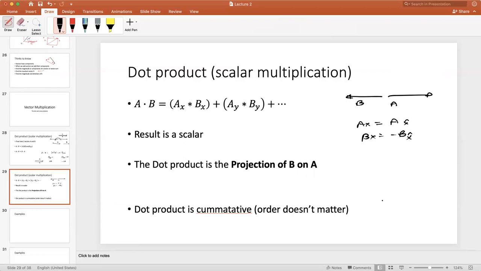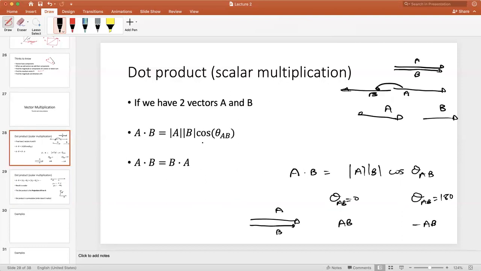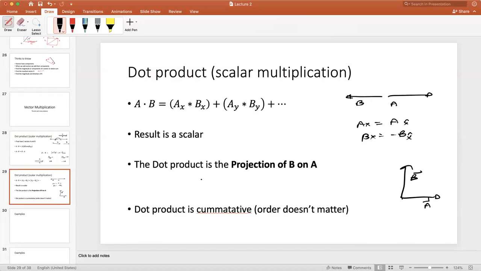Now notice another case that can happen is if B and A are perpendicular. So they're 90 degrees off each other. We go back and look at this: AB cos 90, cos of 90 is 0. So when they're perpendicular, you get nothing. Another way to state that is that A of X is A and A of Y is 0.